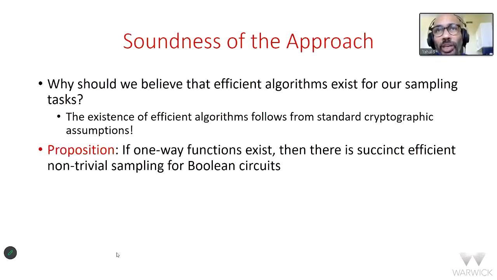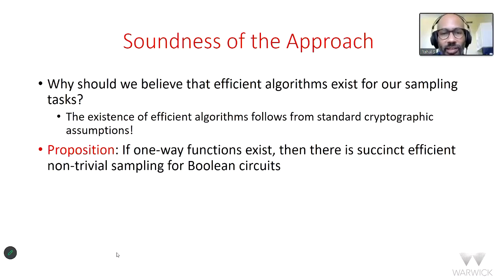So you might ask, okay, here's a connection. Here's an algorithmic task, and if you can solve it, that implies these lower bounds. The lower bounds look impressive, but the algorithmic task looks extremely hard, and why should we even believe that it's possible to solve it? Well, for one thing, at least in the world we believe we live in, these algorithmic tasks are solvable because they follow from standard cryptographic assumptions.